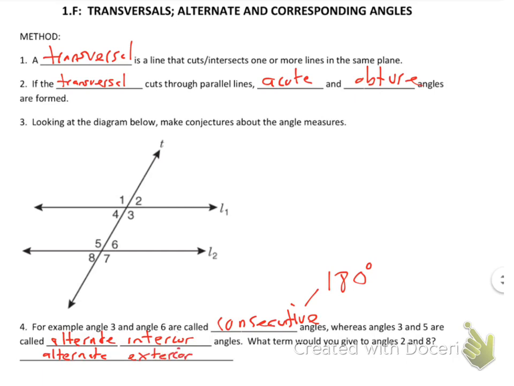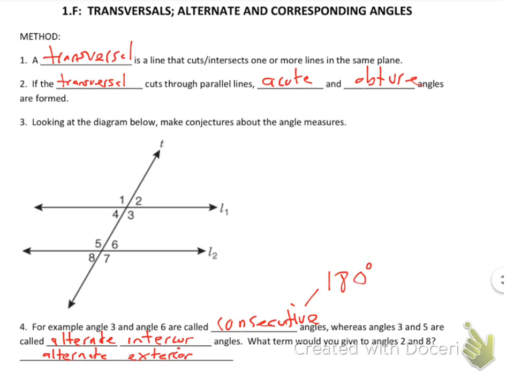Here's the thing. Alternate interior angles, alternate exterior angles are the same. But consecutive angles like 3 and 6, 4 and 5, they'll add up to 180.